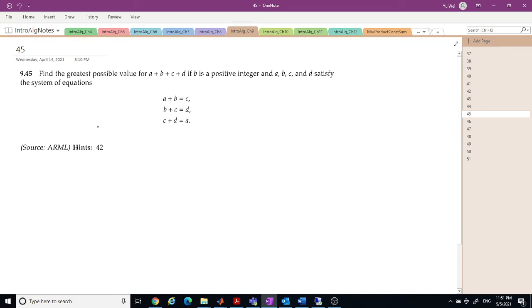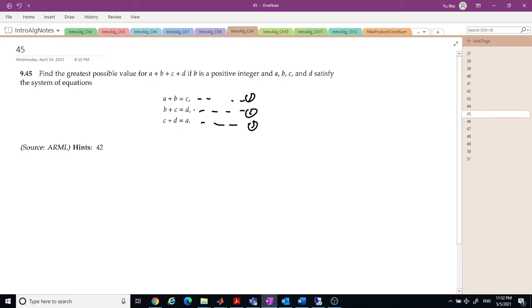Okay, find the greatest value of this one. So we have an equation set 1, 2, and 3. Let's see how we can solve it. Okay, it seems that we have the AC and if we add them together, let me see.